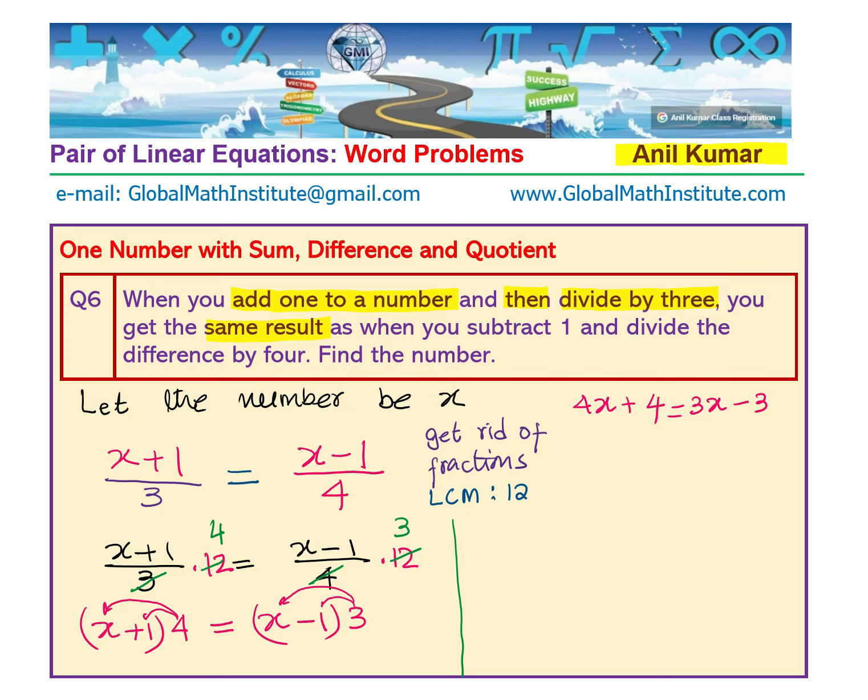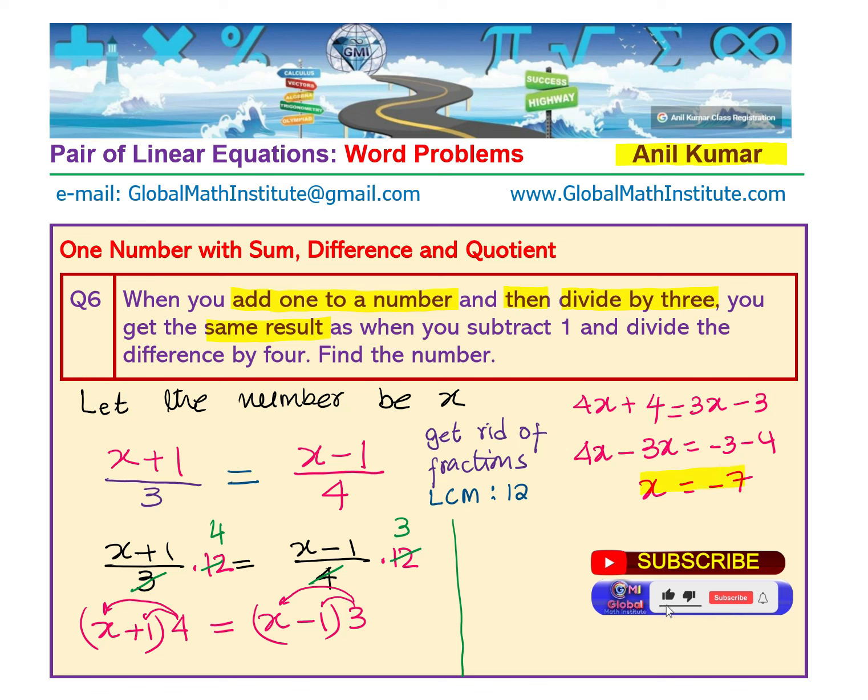Bring the variables together. Normally I would bring them to the left, and here I see that 4x is bigger, so it makes sense. So 4x minus 3x equals minus 3 minus 4. x equals minus 7. So I got a solution. x is equal to minus 7.